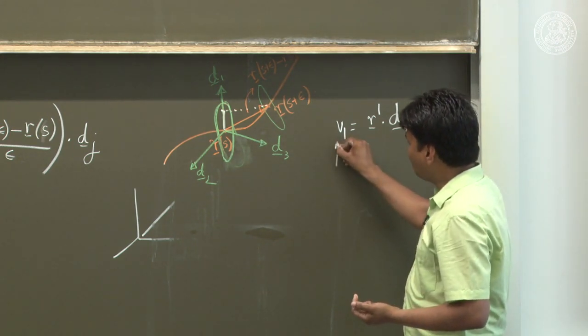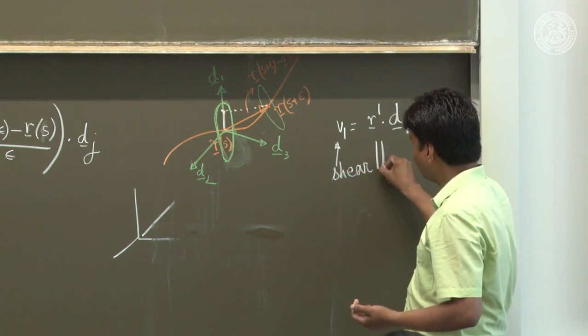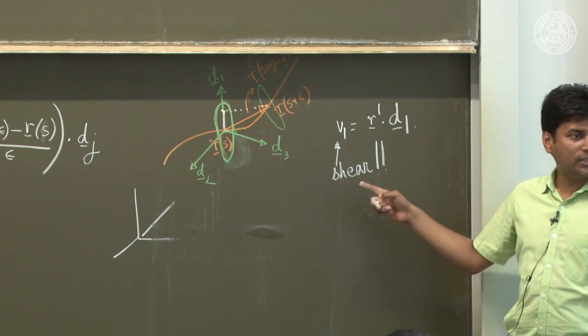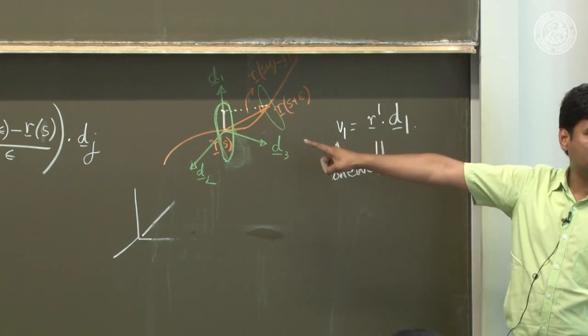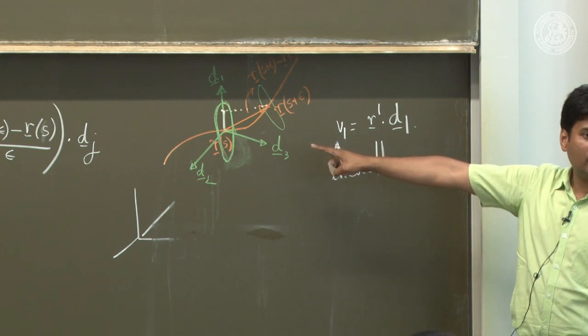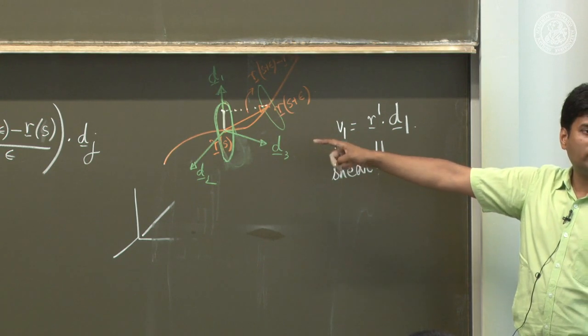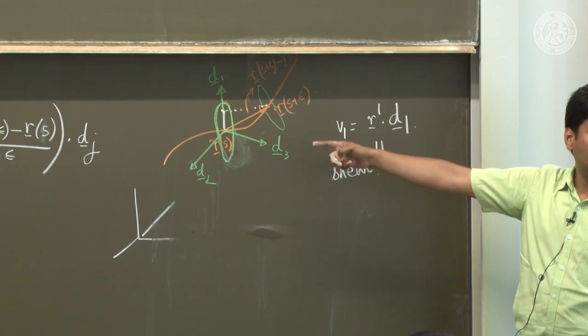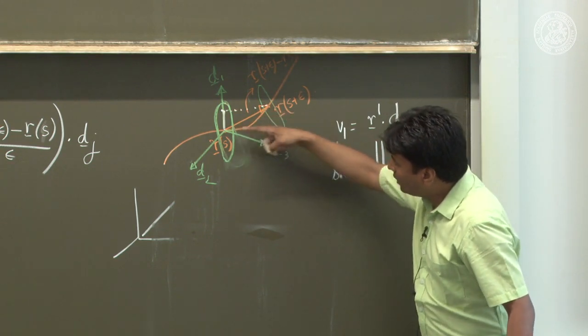So this denotes your shear. V1 is the shear along D1. Similarly, V2 is the shear along D2. And what is V3? Likewise, you think of V3, that will be the projection of this along D3.